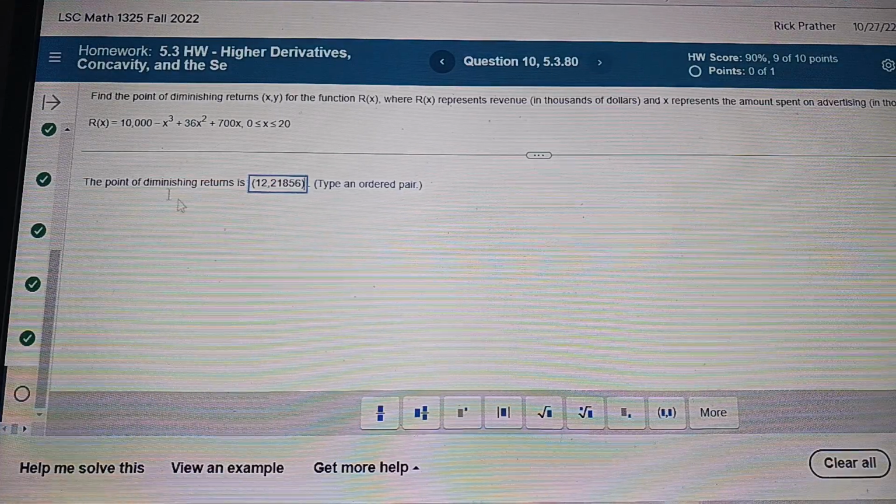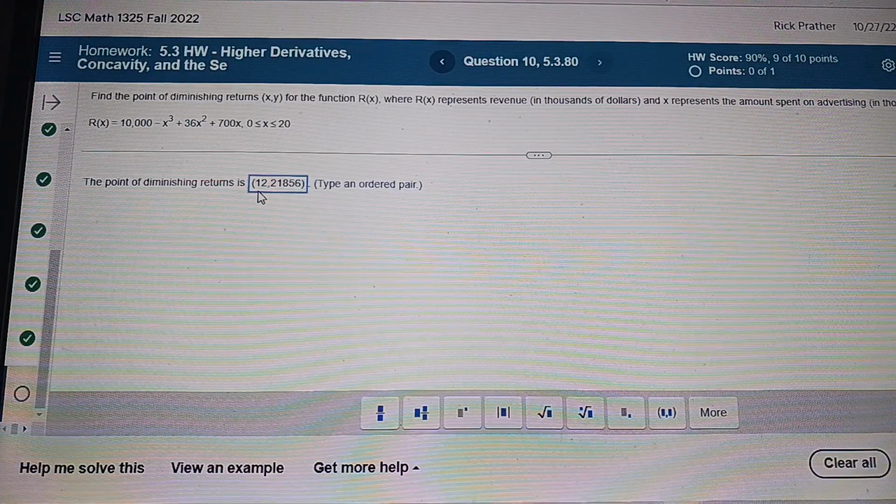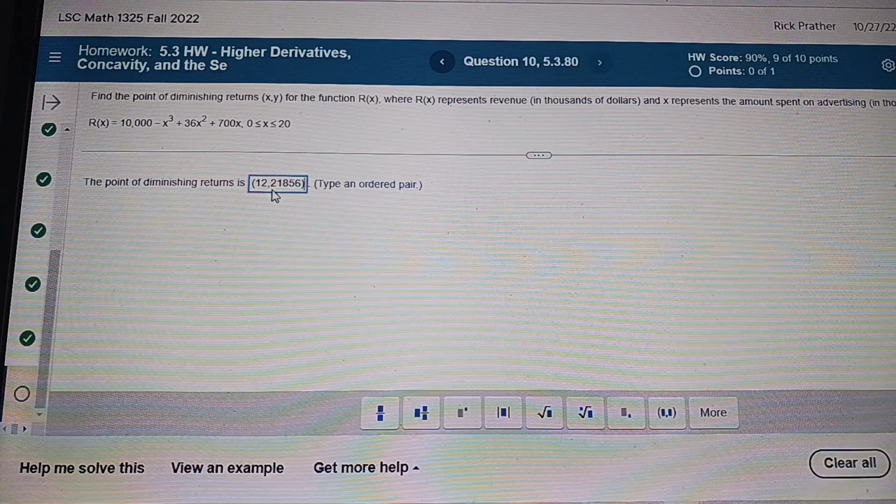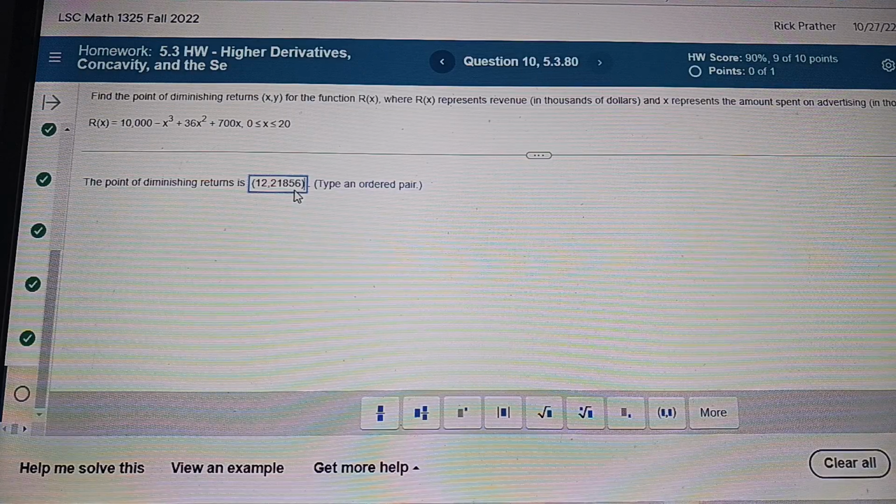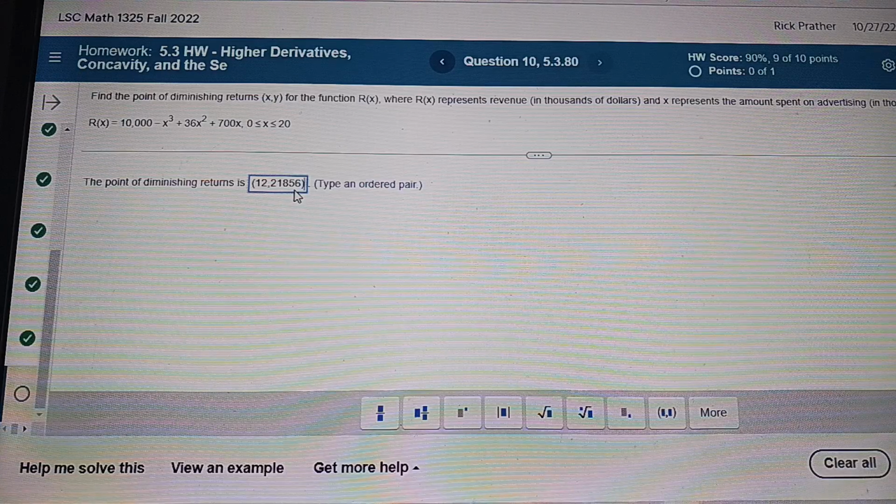So if we spend $12,000 on advertising, our profits will be, our revenue really, not profits, but revenue will be $21,856. So we bring in $21,000 by spending $12,000. That's why people advertise. Your profit would be subtracting those two. $21,856 minus $12,000, that's how much profit you made.